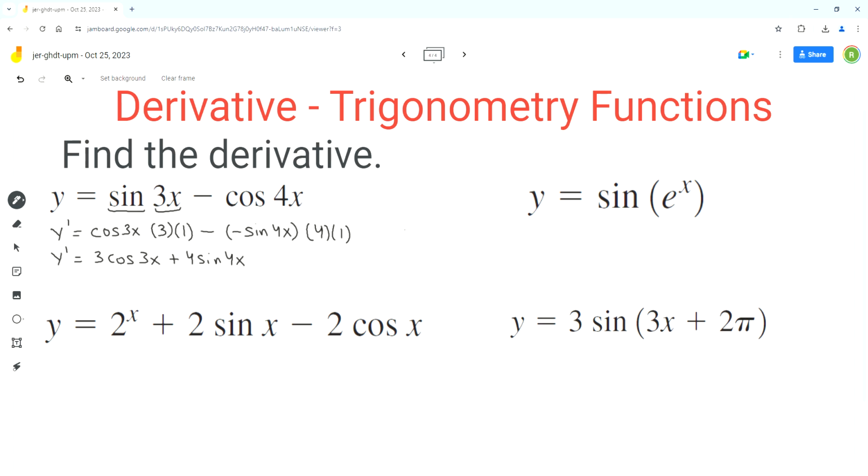Now we can analyze the second function, y equals sine e to the power x. So again we have to use the chain rule because this function is made up of the outer function sine and the inner function is the exponential function e to the power x. So as per chain rule, we'll start with the derivative of the outer function. The derivative of sine is cos.